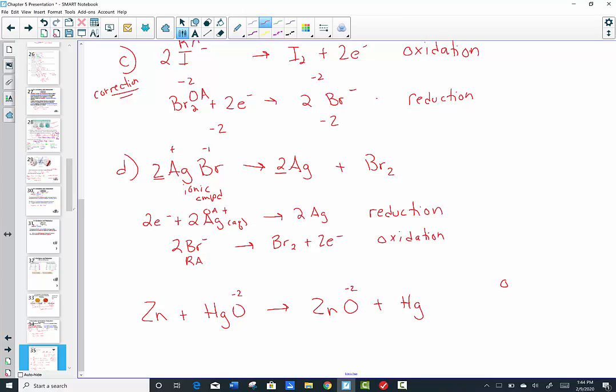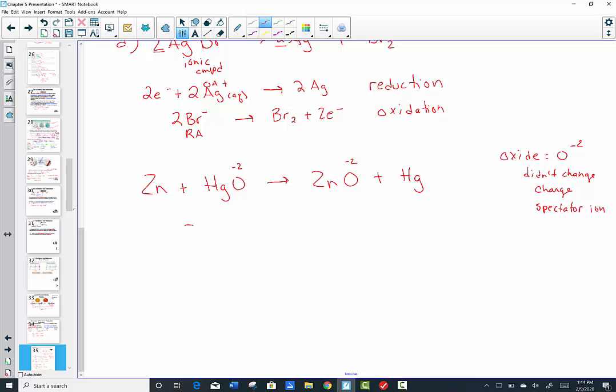It just stayed as the oxide. It's O minus 2, and it didn't change charge. Do you remember that word? That word for something that's in the reaction but did not do anything in terms of changing charge is called a spectator ion.